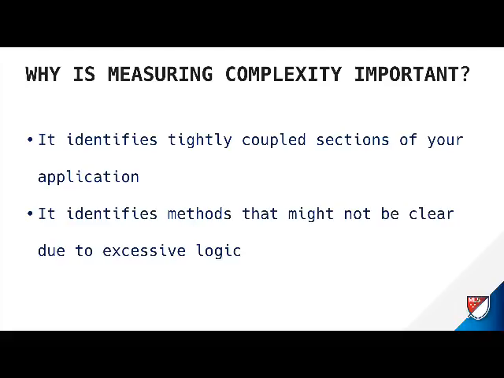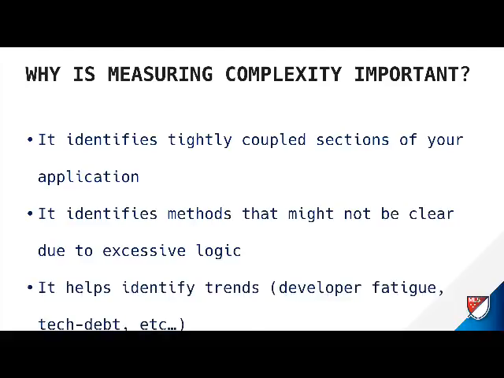All right. Okay, so it identifies methods that might not be clear due to excessive logic, and it helps identify trends. So again, complexity is a good identifier of trend. Even if your code is formatted perfectly and looks great, you could still be experiencing increases in complexity or decreases.